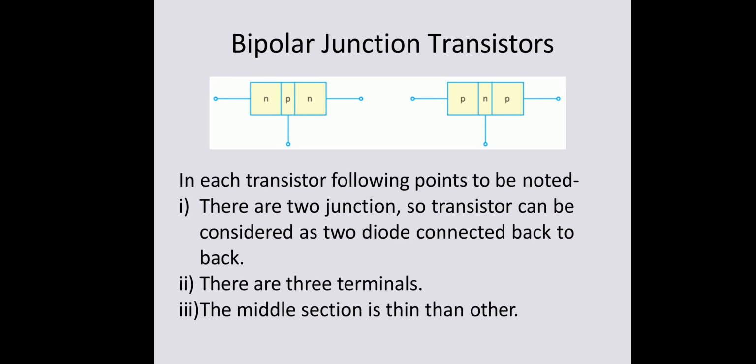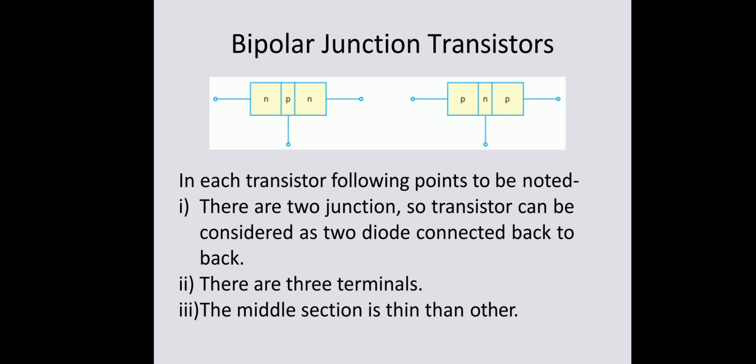We can see that for any transistor we have two junctions, so a transistor can be considered as two diodes connected back to back. We also see that we have three terminals, and in this figure the middle section is thin compared to the other two sections.